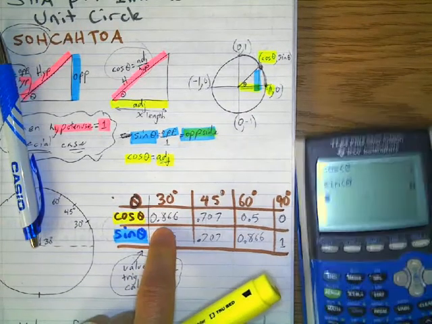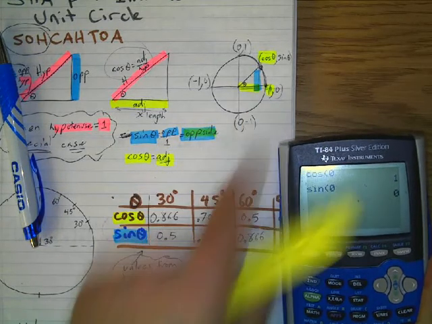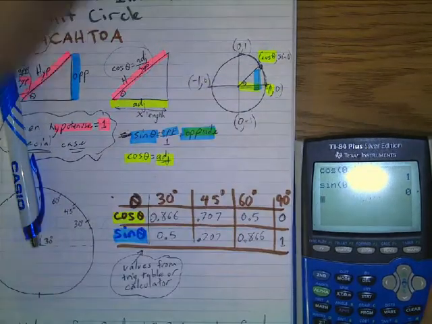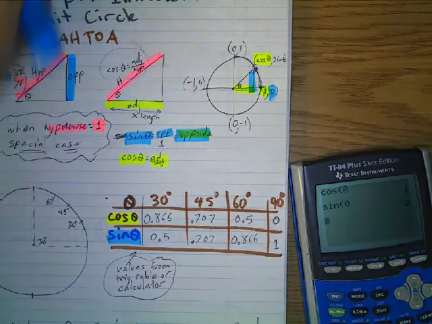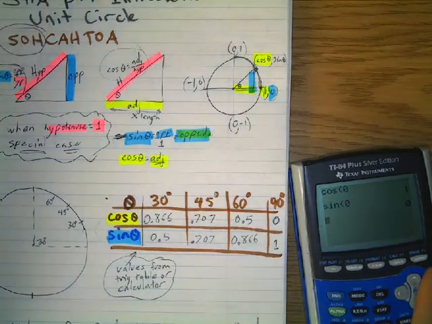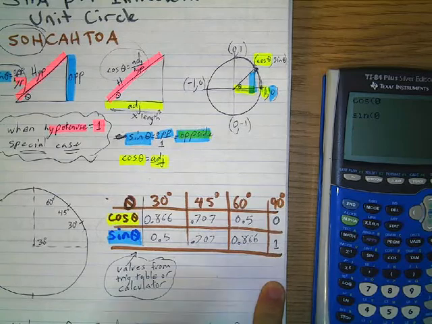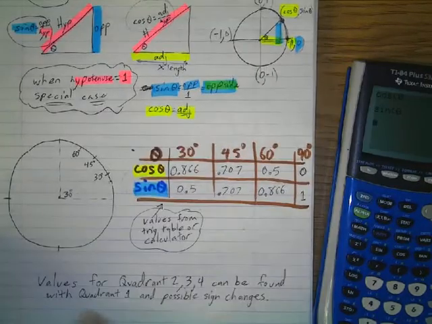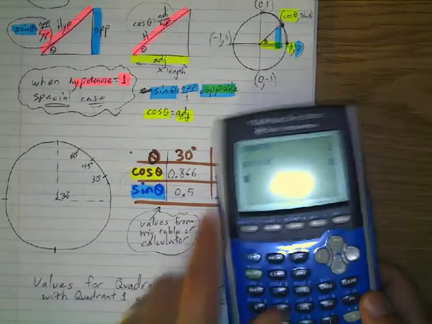These numbers will be similar depending on where on the unit circle we are, and you can find all of them by plugging them into the calculator.